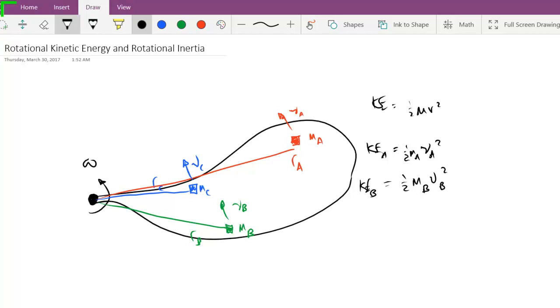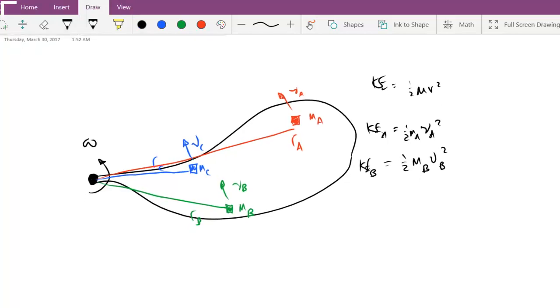So the kinetic energy of the entire thing that's rotating would be the sum of all the kinetic energies of all these points, right? I could break this up and we can have an infinite number of points.